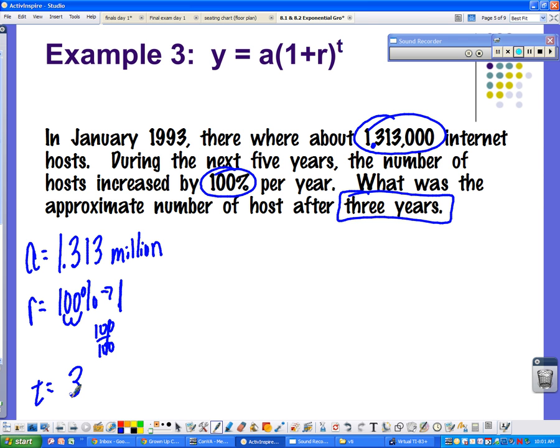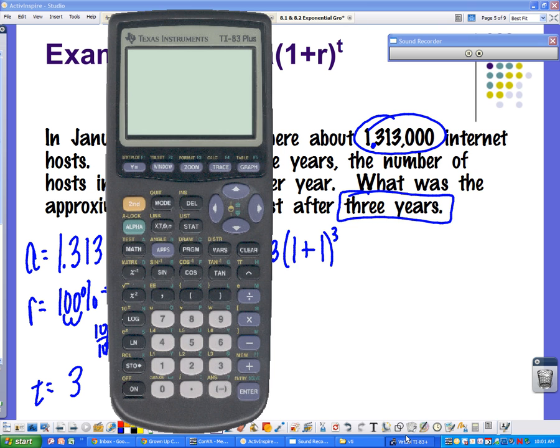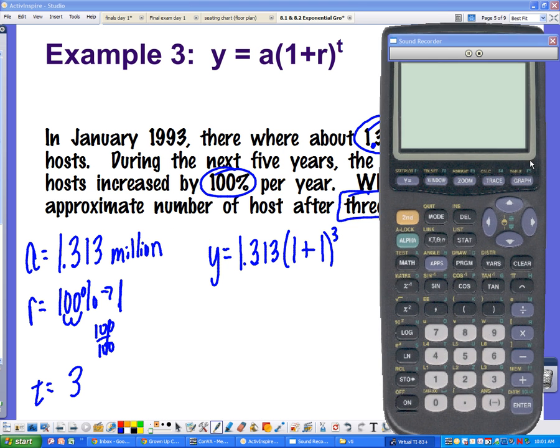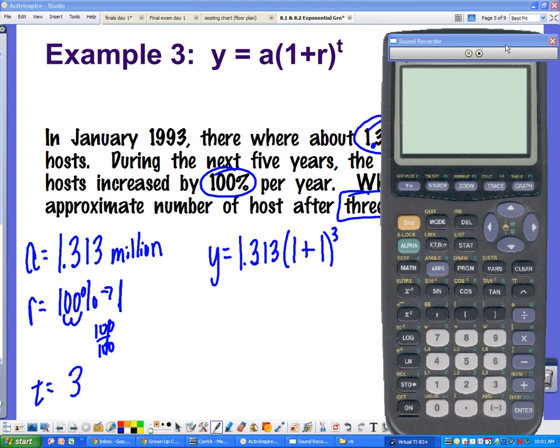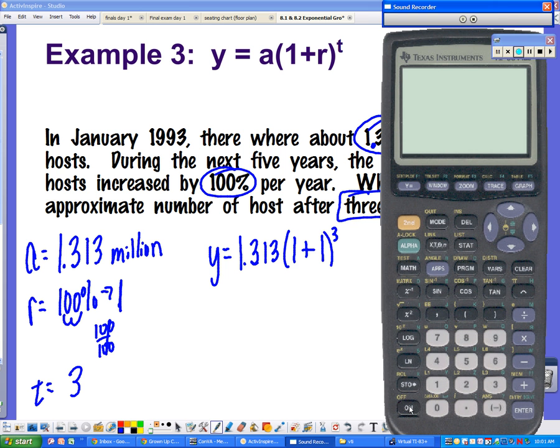All right, so we're going to do y equals, a is 1.313, our initial amount, 1 plus, our r is 1, and our t is 3 years. So when you solve this, it's extremely important to make sure that if you're using a scientific calculator, you can simply type it in just as it is.